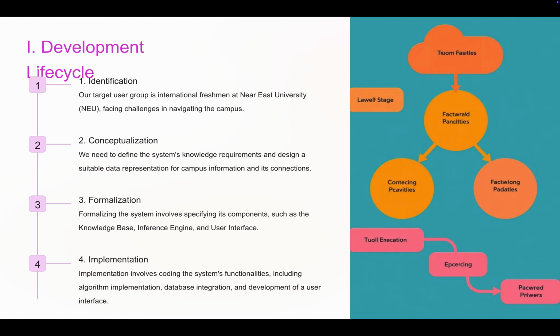So the last point is about the implementation. The implementation involves coding the system functionalities, including algorithm implementation, database integration, and development of a user interface. For this point, it's just to implement everything together, because we talked about the knowledge base, the inference engine, and the user interface.